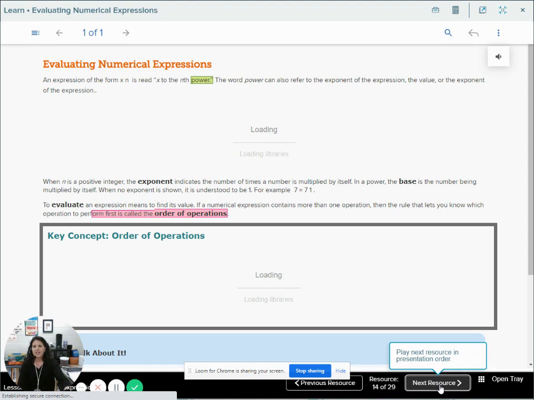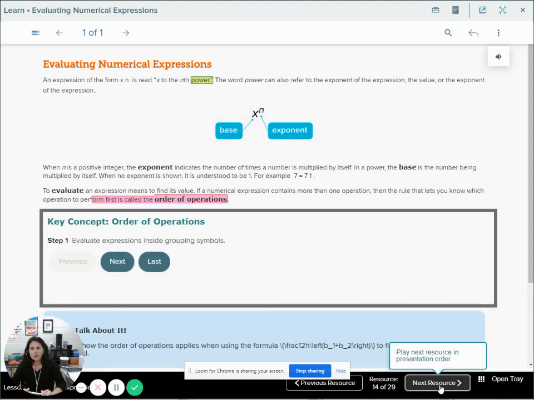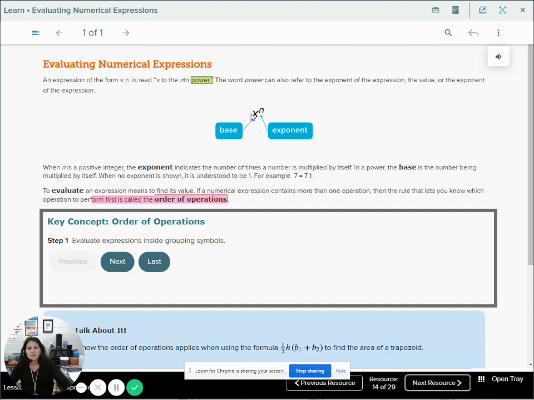And now we're going to look at evaluating a numerical expression. Okay, anytime I have something raised to a power, there's a little exponent there. The expression of the form x^n is read x to the nth power. The word power can also refer to the exponent of the expression.